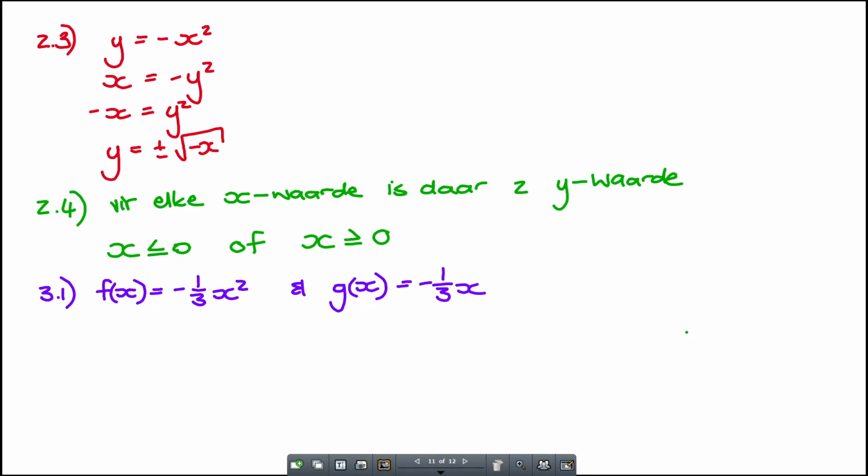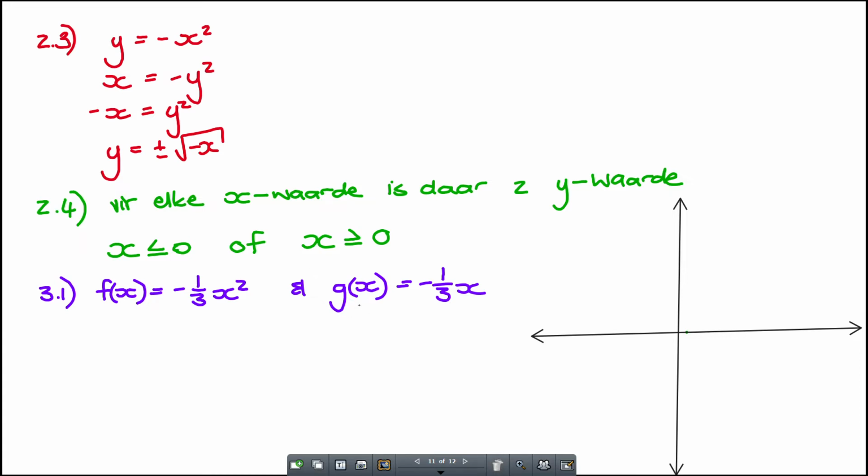Okay, so the minus a third x will be a straight line, nee? Kom ons werk net gou eers met g(x), nee?